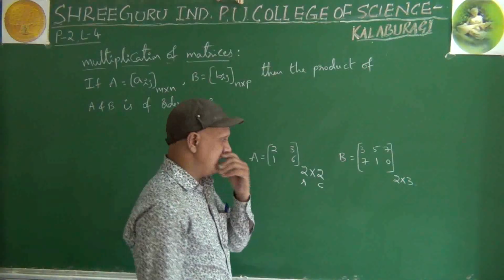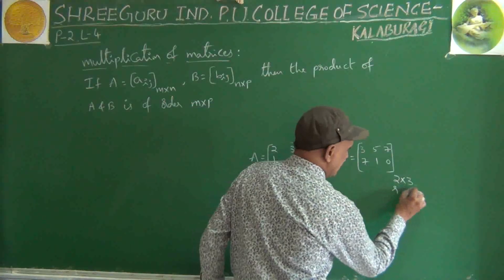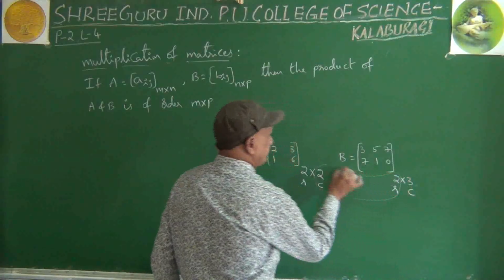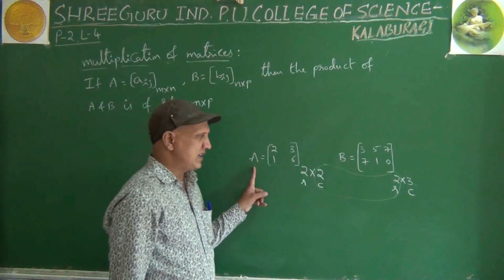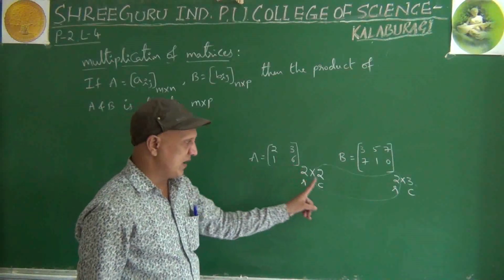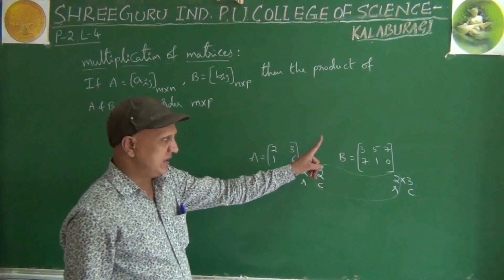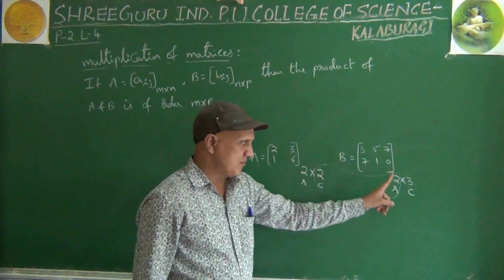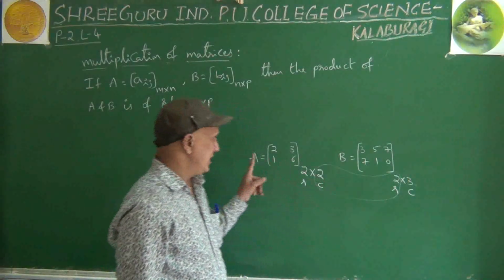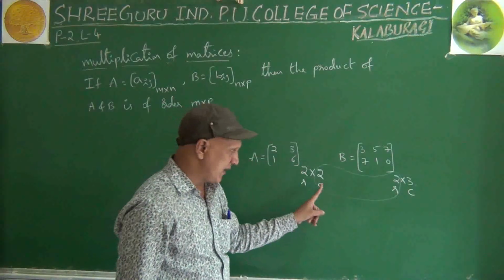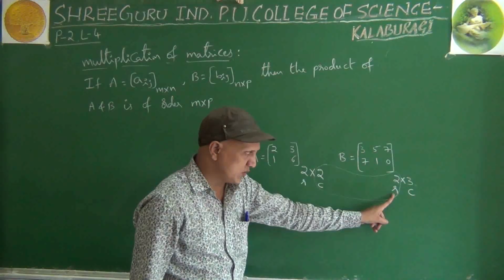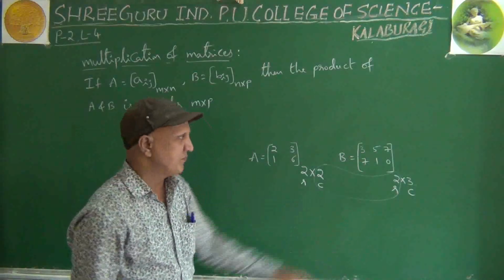How to remember this one? Very simple. These are rows here, these are columns here. These two numbers should be same. In the first matrix, the number of columns, in the second matrix, the number of rows, both should be same.